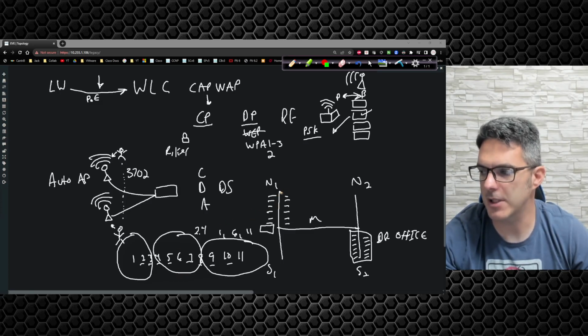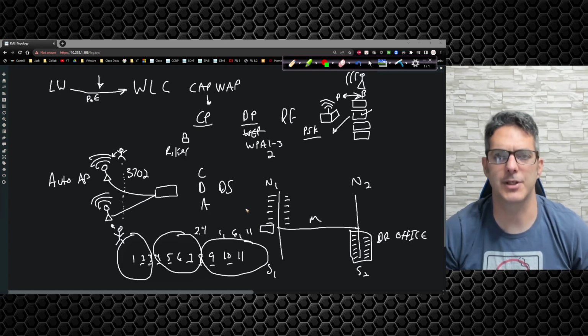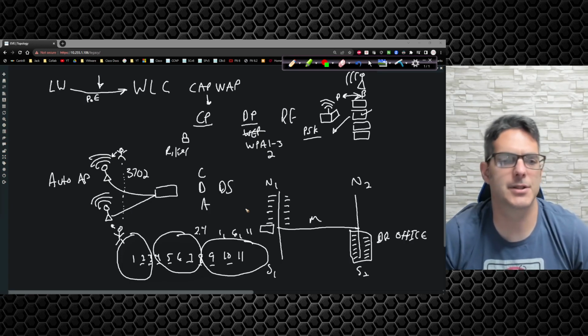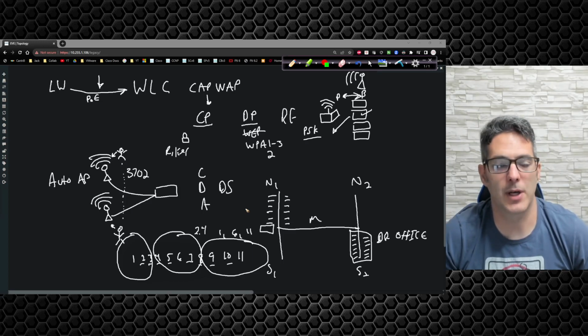Now, coming back over to here, one of the things that you would have to do, and again, this is one of those things that you'd have to send somebody on site, is a wireless site survey. A wireless site survey is going out and looking for a couple of different things. Where would I optimally place my access points on this particular floor?